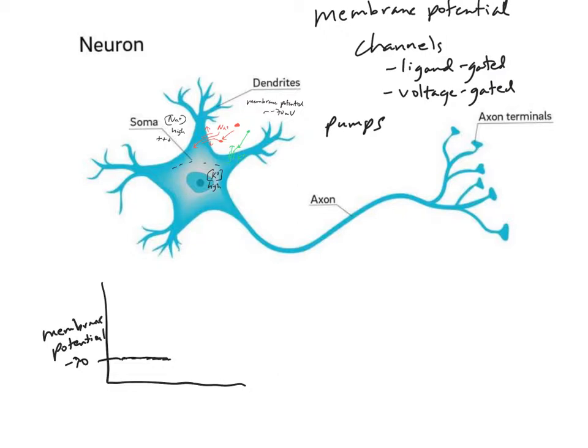But if we've opened any of these ligand-gated channels, for example, a potassium-gated channel, potassium is flowing out, and that is going to reduce our charge inside because we're losing positive ions from inside to outside, so that reduces our membrane potential. On the other hand, if it's a sodium ligand-gated channel that's been opened, sodium is going to flood in, and with that positive charge flooding in, we're going to raise the membrane potential a little bit because we've just gained positive charges inside the cell.